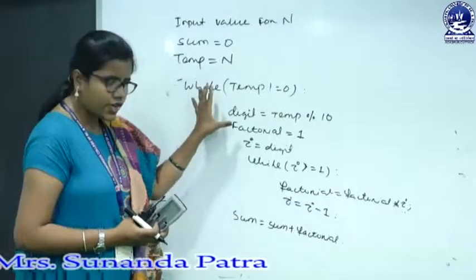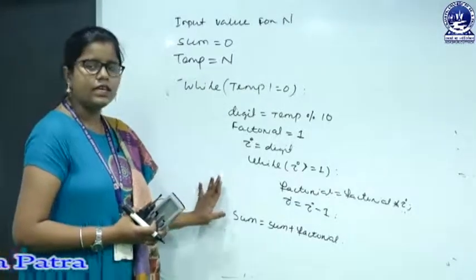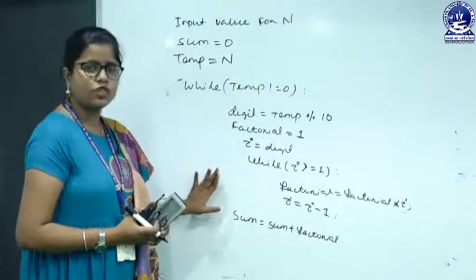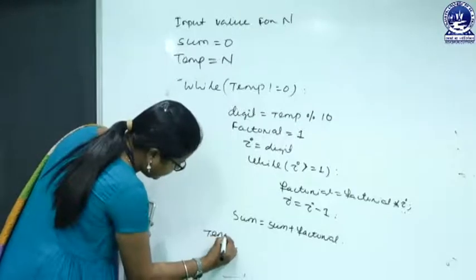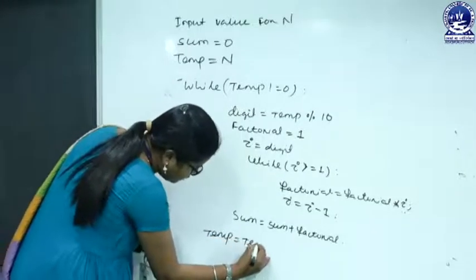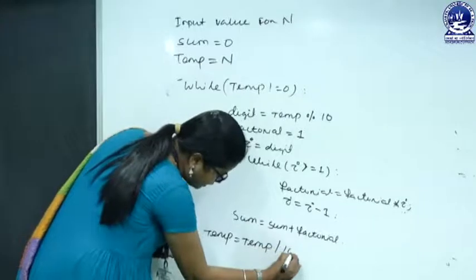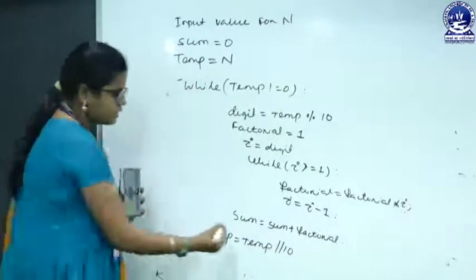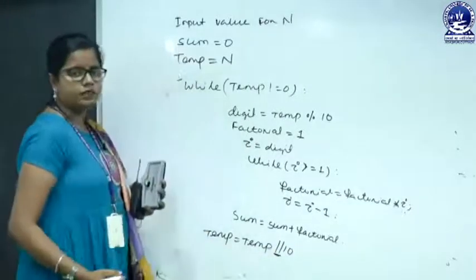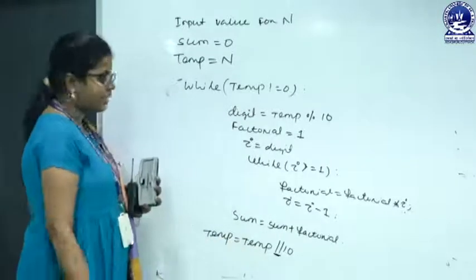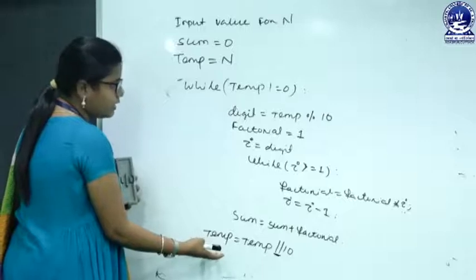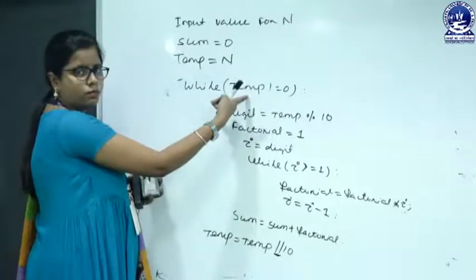So after extracting the rightmost digit, now we have to squeeze the number. So for that we will write here temporary equals temporary by 10. This is actually Python's division, double slash. So temporary equals temporary by 10. Then from here we will go back to this loop.